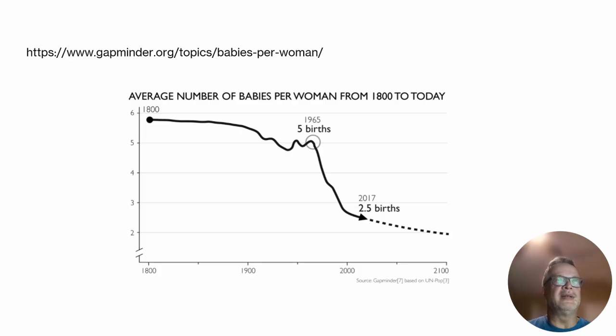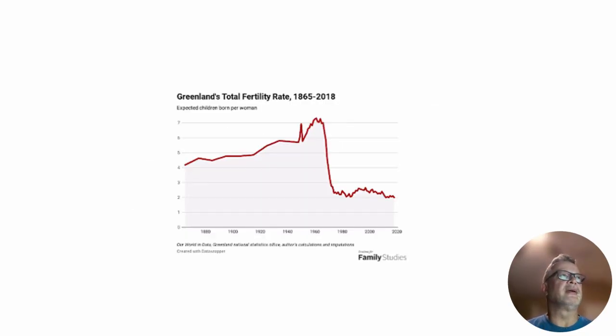Yeah, so women have smaller families. They can spend more time on a single child. The child has more resources and can achieve his or her limits in terms of intelligence and physical performance. Yeah, and this is just Greenland.